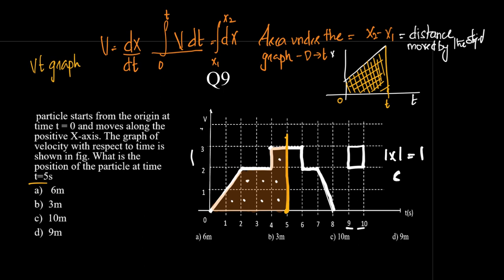So we have 8 into 1, which is 8, and then how many halves do we have? We have 2 halves here, so we have half into 2, which is 1, so we have 8 plus 1, 9. So the correct answer is 9. That's as simple as that.